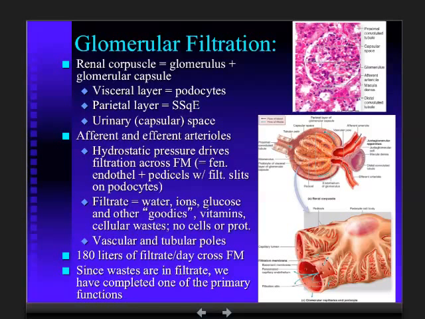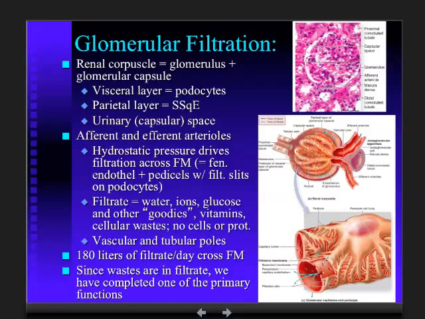Reabsorption. Now, if I just remove solutes like sugars and amino acids and leave all the water behind, it's going to start to get pretty dilute in the kidney tubule, right? If I just remove all the solutes. In the proximal tubule, I'm going to reabsorb over 80% of the volume.